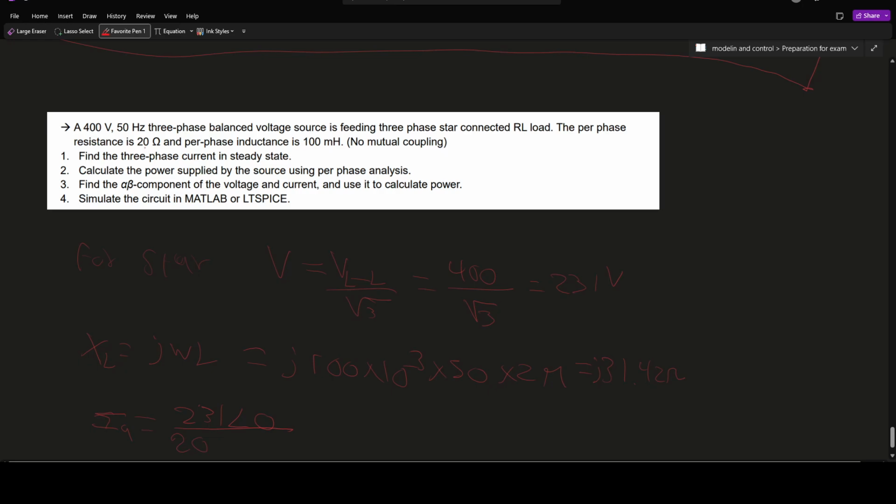We have 20, because that's the resistance, so that's the real part, and we have our impedance of, this is ohms. So here we're going to have a current of 6.2 with an angle of minus 57.52 degrees. Okay.